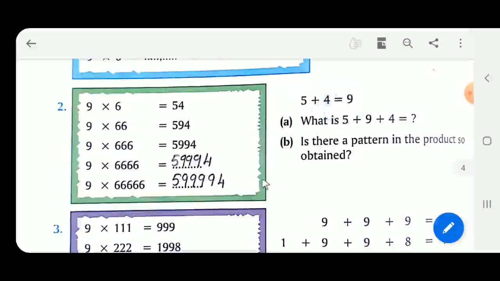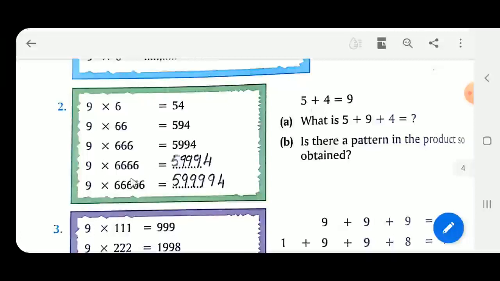The next one is 5, 4, then 5 9 4. 5, then how many times 9 repeated? 2 times and then ended by 4. Then comes 5, 6, 1, 2 times 9, then comes 3 times 9 and then 4 times 9. Before and after, the digits remain the same.